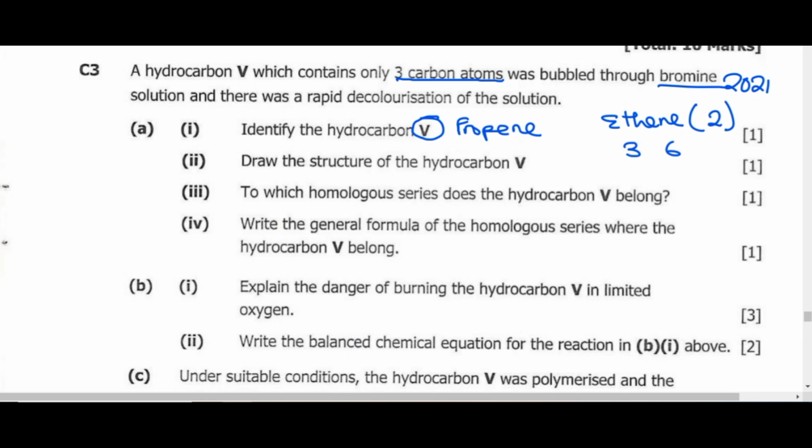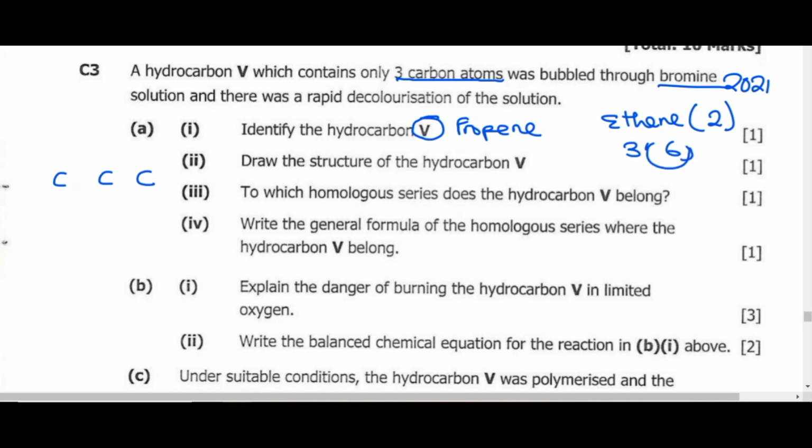So hydrocarbon V, we're going to draw it here. The structure, remember it has how many carbon atoms? 3. So we're going to say 1, 2, and then we have 3. Now because it has 3 carbons, how many hydrogen atoms? 6.